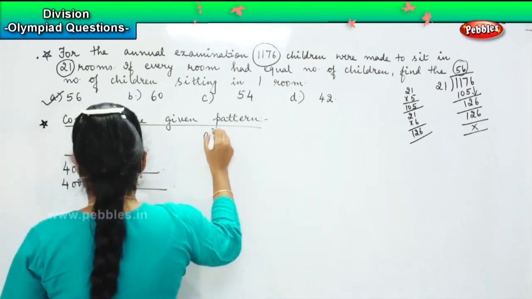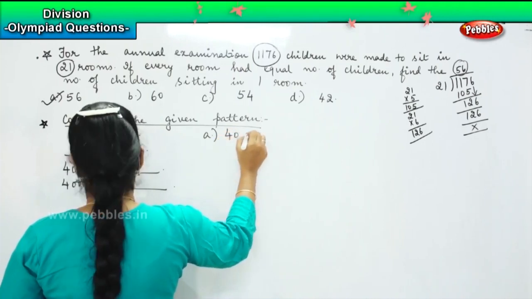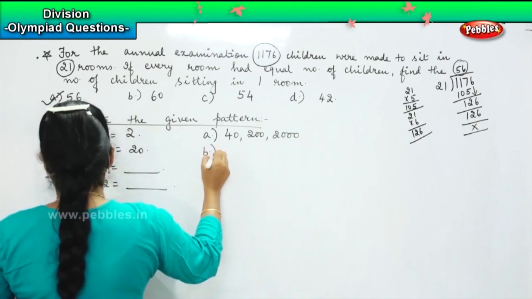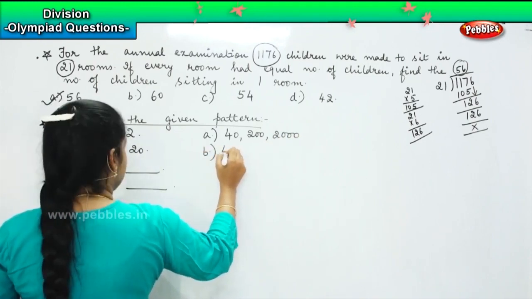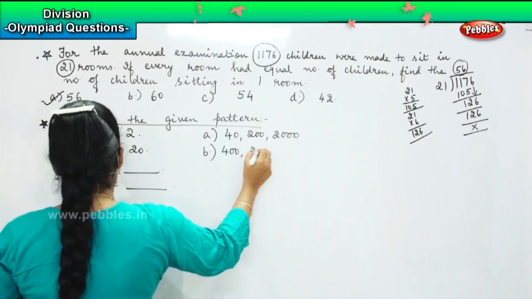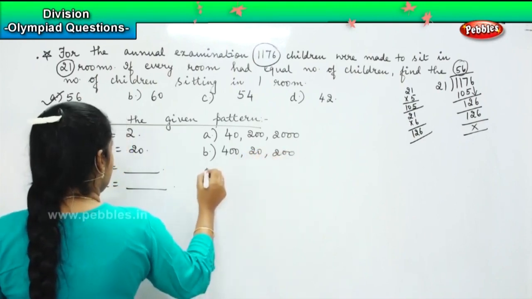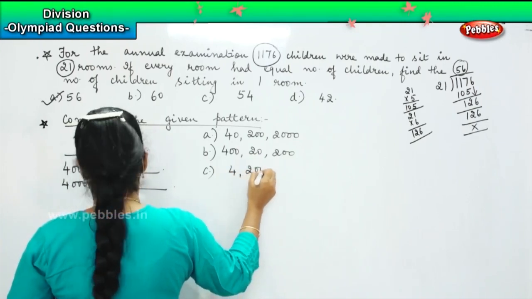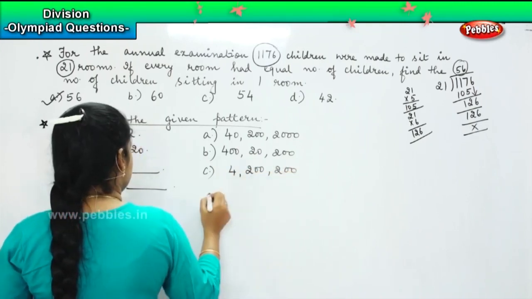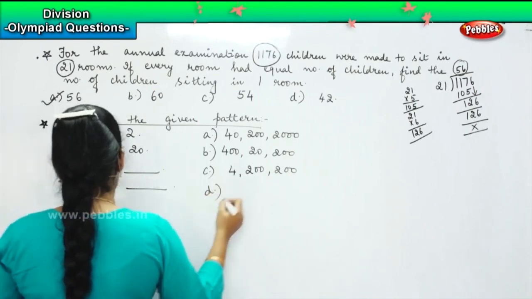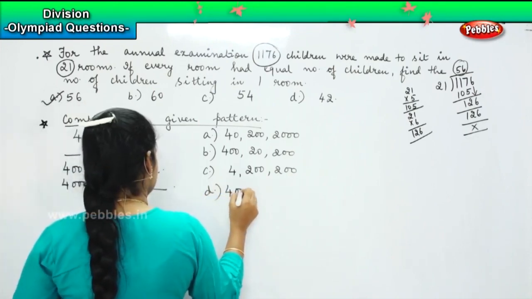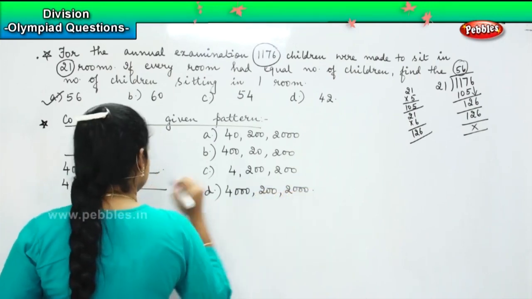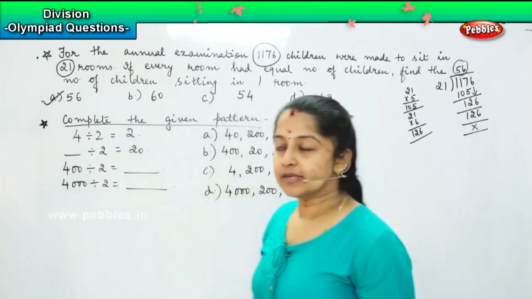The options given here are A is 40, 200 and 2000. Option B 400, 20, 200. Option C 4, 200, 200. And option D, it's 4000, 200 and 2000. Okay, so now understand the pattern here.